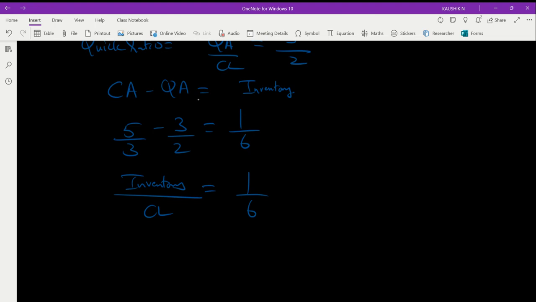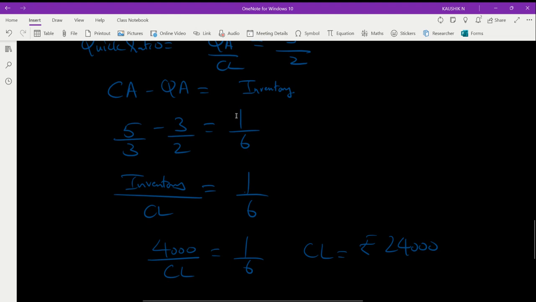So that is 4000 by CL, 4000 by CL is equal to 1 by 6. So that means CL is equal to rupees 24,000 by cross multiplying the values.